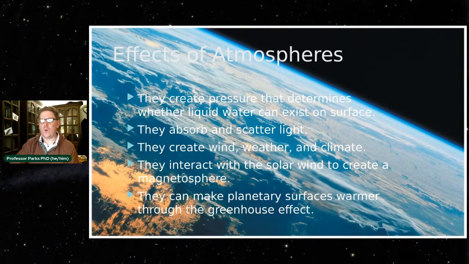But what are the effects of the atmosphere? Well, there are a number of things that the atmosphere does. The atmosphere contains pressure, and that allows water, in particular, to be of a certain phase. We often think of phases, liquid, solid, gaseous, in terms of temperature, because we're most familiar with environments on the Earth.